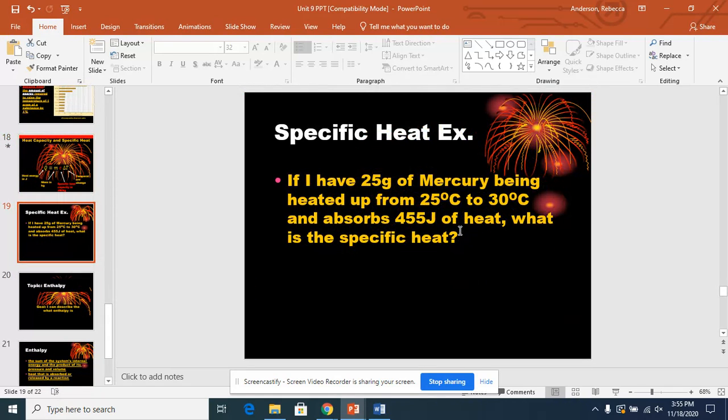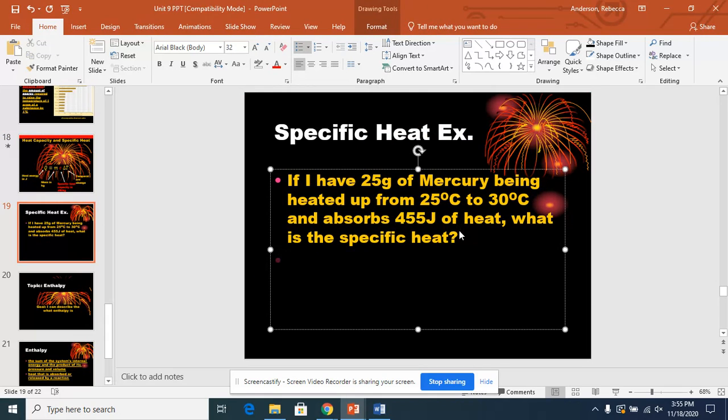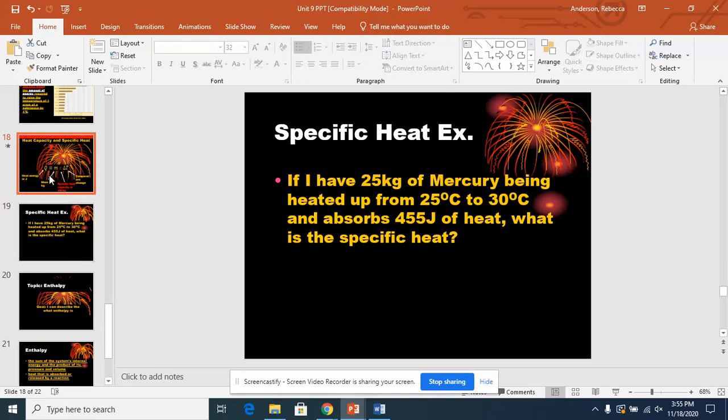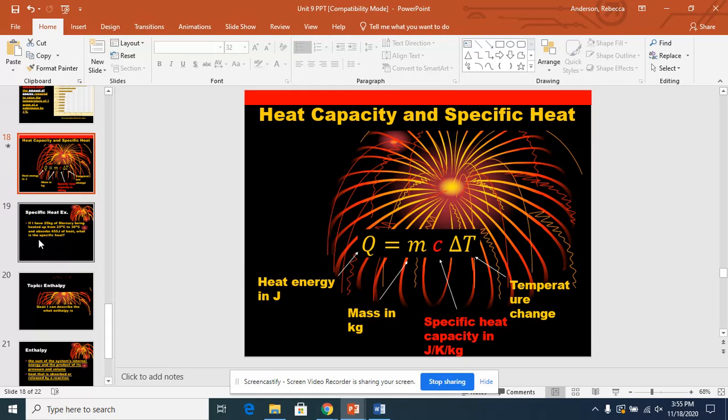All right, so let's do this example together. If I have 25 kilograms of mercury being heated up from 25 degrees Celsius to 30 degrees Celsius and absorbs 455 joules of heat, what is the specific heat? So if we look at our formula, Q is our heat energy in joules.